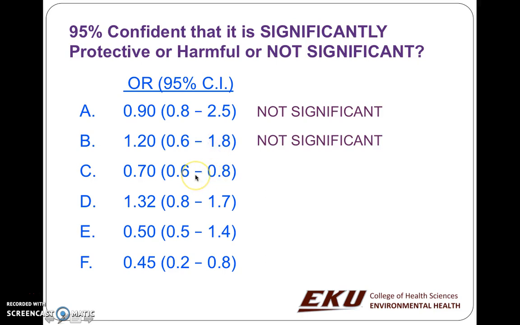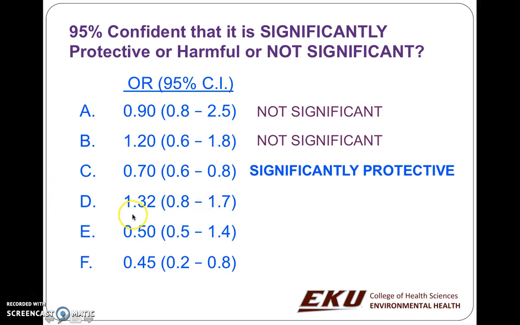What about here? Is 1 included between 0.6 and 0.8? No, 0.7 is in there, but not 1. So it is protective. The whole 95% confidence interval is protective. So it is significant, and this is significantly protective. 0.8 to 1.7, 1 is included.